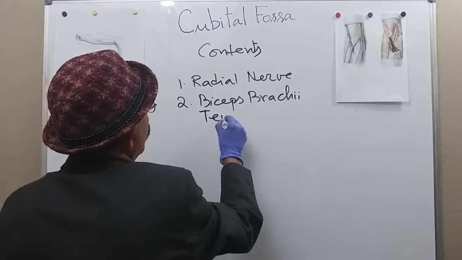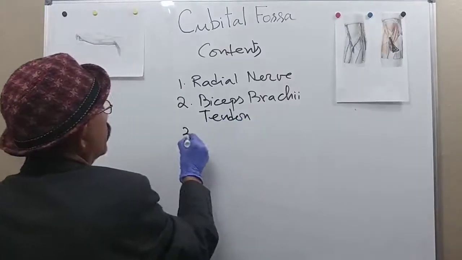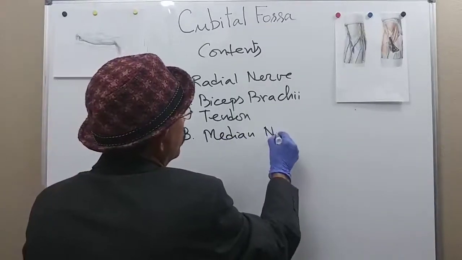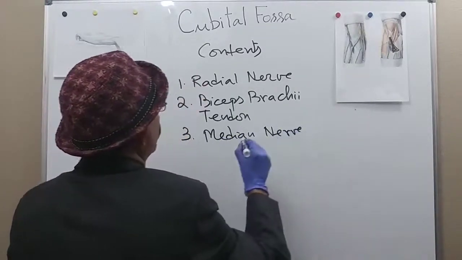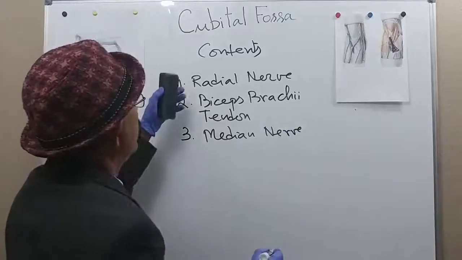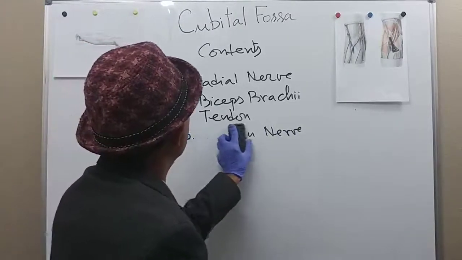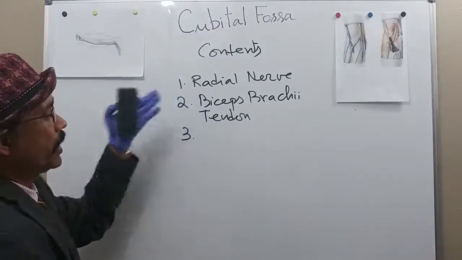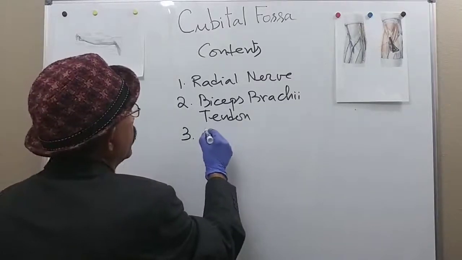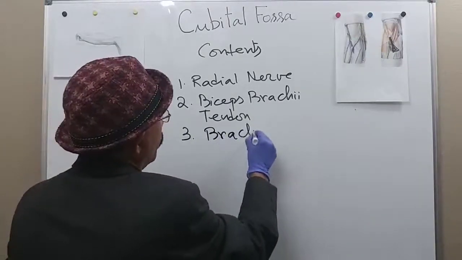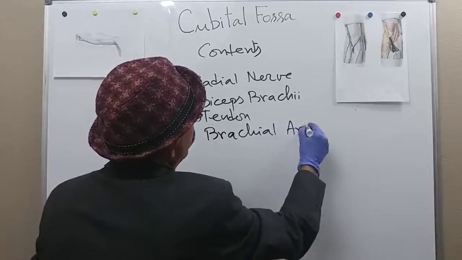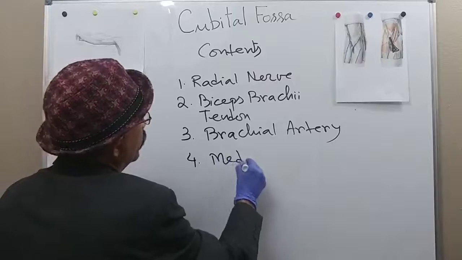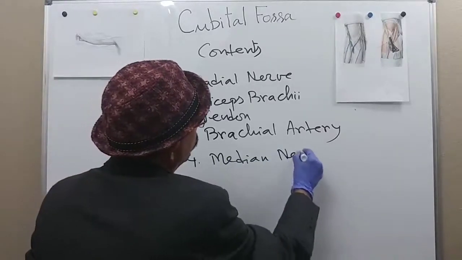Then we get the artery, the brachial artery. Then we get the median nerve. So we have four contents.